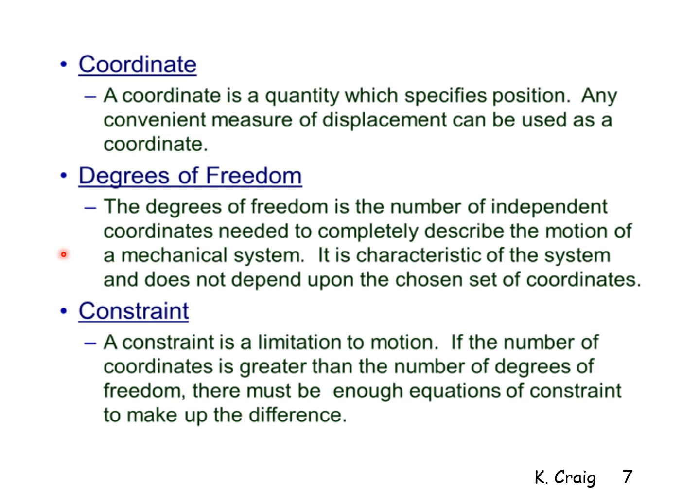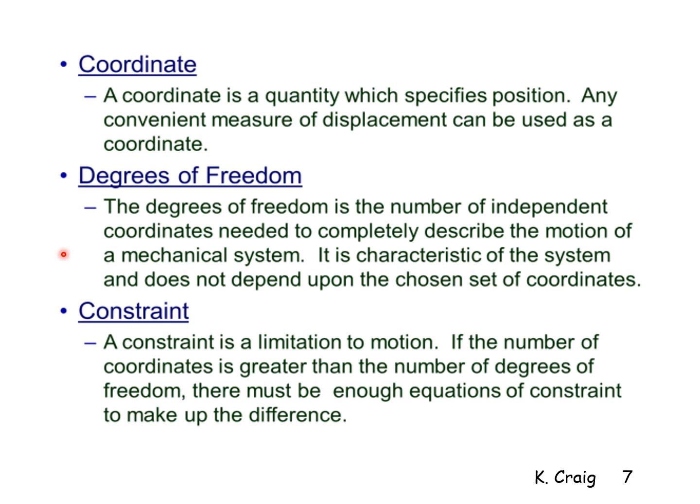Degrees of freedom. The degrees of freedom of a rigid body is the number of independent coordinates needed to completely describe the motion of a mechanical system. It's characteristic of the system and does not depend upon the chosen set of coordinates. So for here, our mechanical system consists of the disk and bar.